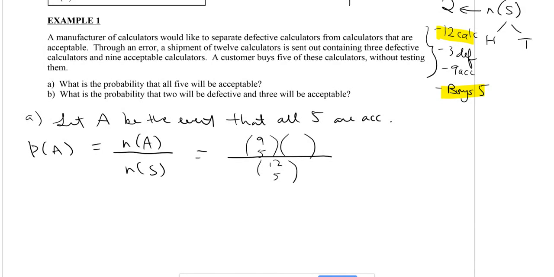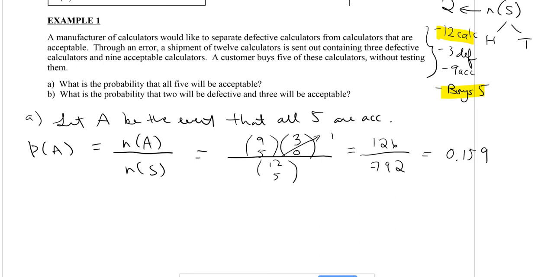So really, if you want to include the defectives, you can just say 3 choose 0. But we know that 3 choose 0 always amounts to 1. Okay, so we technically do not have to write that. So I'm going to rewrite this expression. Well, at this point, we're just really using a calculator to determine what these values are. So 9 choose 5 is 126 on the calculator, and 12 choose 5 is 792, which gives me a probability of 0.159.